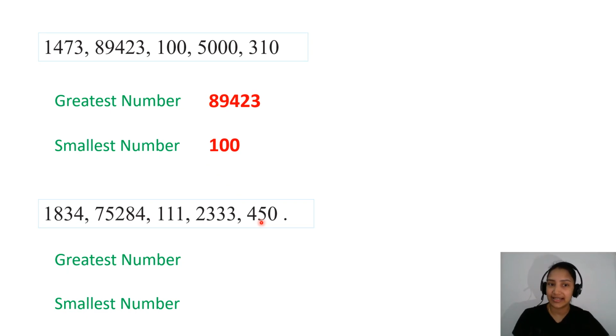Yes, the greatest number is 75,284. Good. And for the smallest number, there are 2 numbers with 3 digits. Among the 2 numbers, what is the smallest number? 111 is the smallest number. Good children, very good. Keep it up. We'll move to the next question.